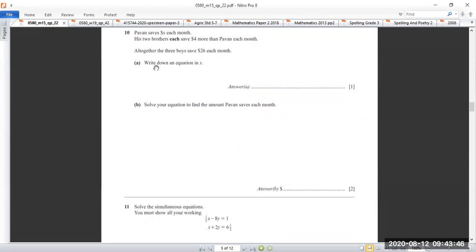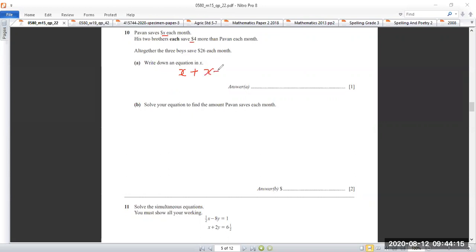Number 10 here. Pavan saves x dollars each month. Each of his two brothers saves $4 more than he saves each month. So altogether they save 26. Write it down. This guy saves x, while these two brothers each save 4 more.